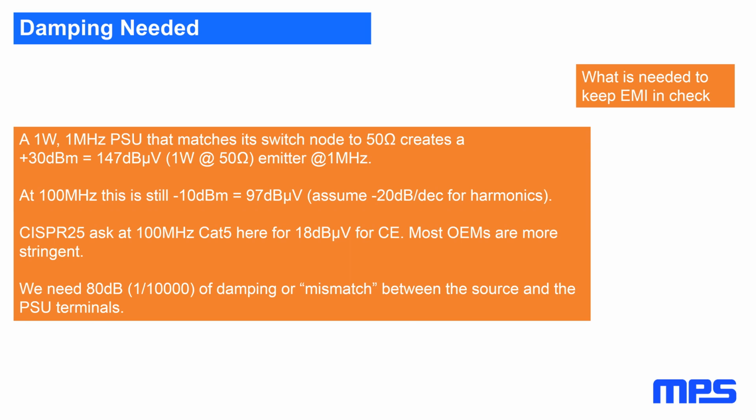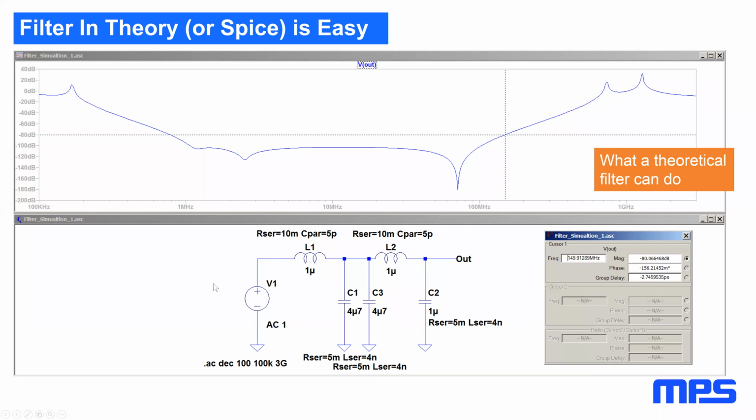You have to mismatch the source from the universe. If you think about filters, it's pretty easy to get these 80 dB of damping. I've just simulated a filter with first order parasitics. The inductors have parallel capacitance, the capacitors have series inductance and some series resistance, and even with that you easily get 80 dB of damping at 150 megahertz with a second order filter.